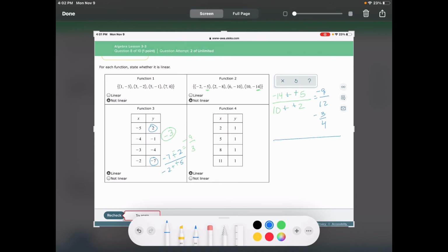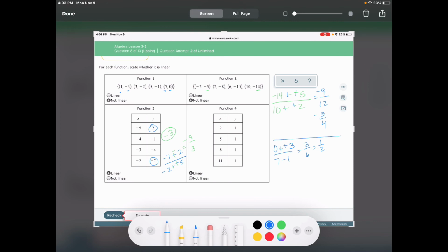Okay, let's talk about this first one. 0 minus negative 3. I went all the way from here to here. I'm going to go all the way from here to here. Over 7 minus 1. This is 3 over 6, or 1/2. Maybe I did one of those wrong.